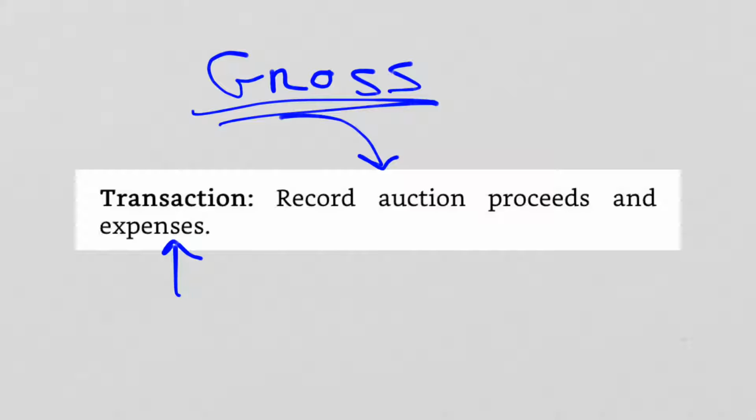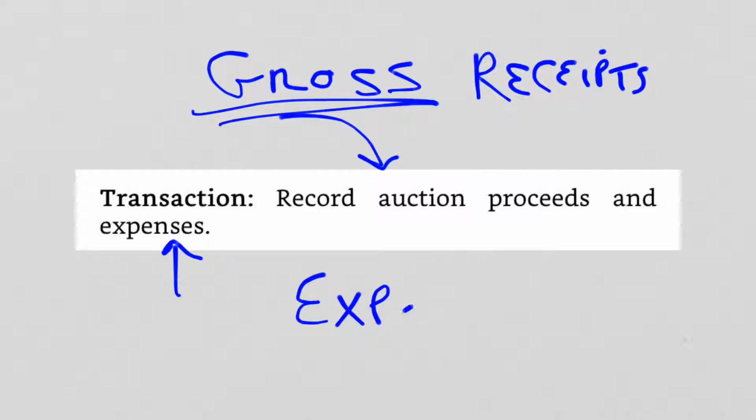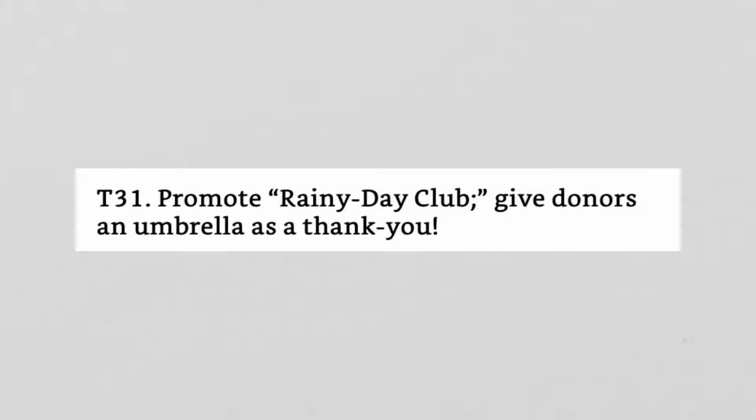We should show gross proceeds from fundraising events. The receipts will be shown gross, and the expenses should be shown gross. Do not combine. I think there's one exception, which we did in class.